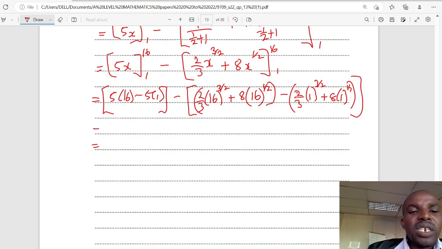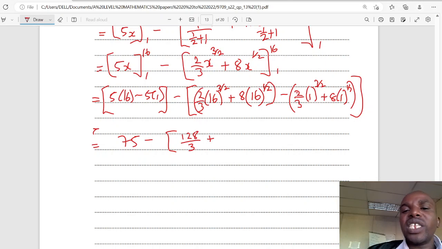Then after that, let's simplify. This part you get what? 5 times 16 minus 5, you get 75 on this part. Then minus, on this part, it's 2 over 3 times 16 to the power 3 over 2. You get 64, then 64 times 2 over 3 gets 128 over 3.